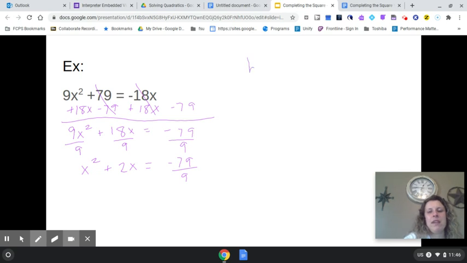Okay, b divided by 2, quantity squared, is our next step. So we have 2 divided by 2, quantity squared, we get 1, and squared, we still have 1. So we're adding 1 to both sides. That makes this left side a perfect square trinomial.